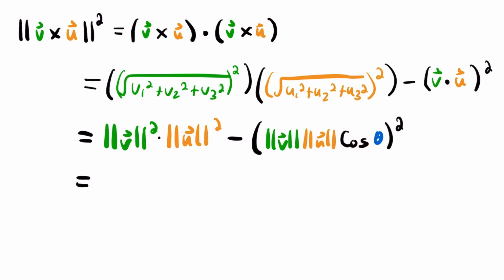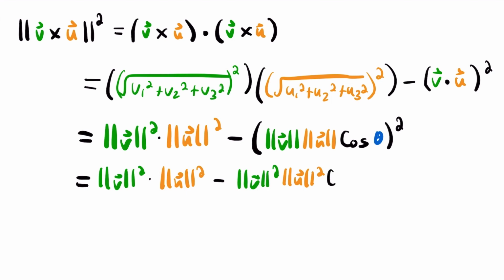So this will be equal to the magnitude of vector v squared times the magnitude of vector u squared minus the magnitude of vector v squared times the magnitude of vector u squared times cosine squared theta. All right, and now notice that both of these terms have a common factor of the magnitude of vector v squared times the magnitude of vector u squared.